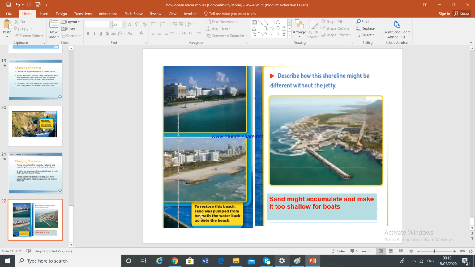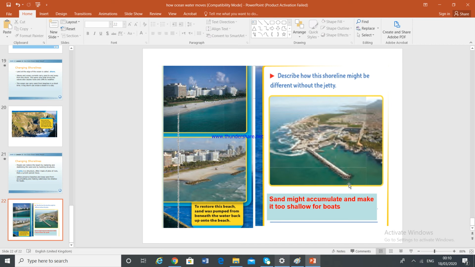Now, can you see the picture? To restore this beach, sand was pumped from beneath the water back up onto the beach. Can you see how the sand was pumped from beneath the water back up onto the beach? How do they pump from here to here? Now, describe how the shoreline might be different without a jetty. This is the jetty. Can you see this?